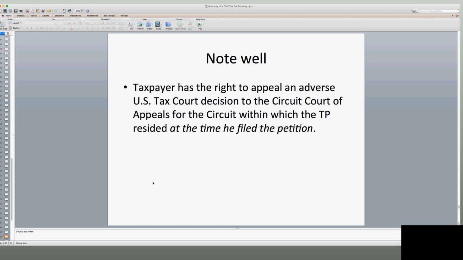So as far as strategy goes, you want to know if your taxpayer, for example, lives in New Jersey, what the Third Circuit's position is on the issue that's in dispute, as well as what the U.S. Tax Court case law precedent is.